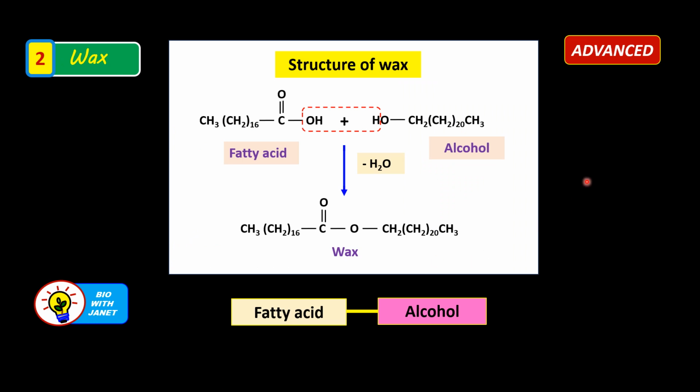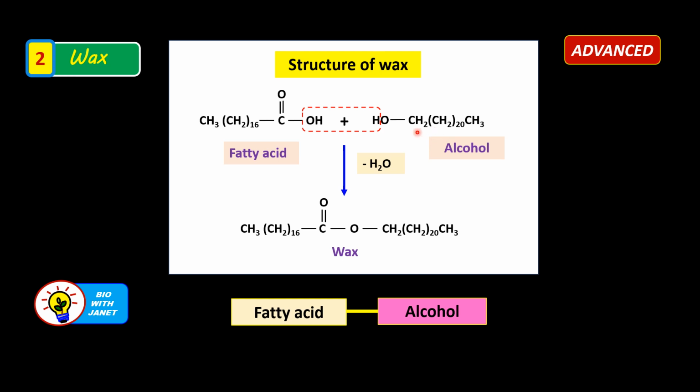So this diagram shows the molecular structure of wax. We actually don't have to memorize the chemical formula, but it's just to help you understand the structure of wax and how wax is formed. So wax consists of one fatty acid molecule that has combined with one alcohol molecule. Here is the fatty acid. It has the carboxyl group, which is COOH. And this is the alcohol.